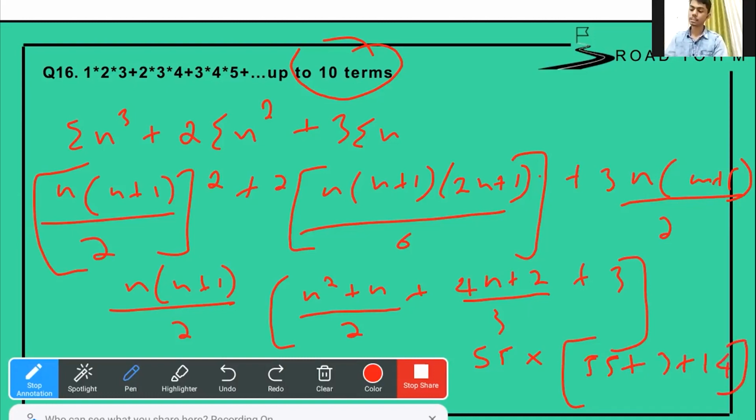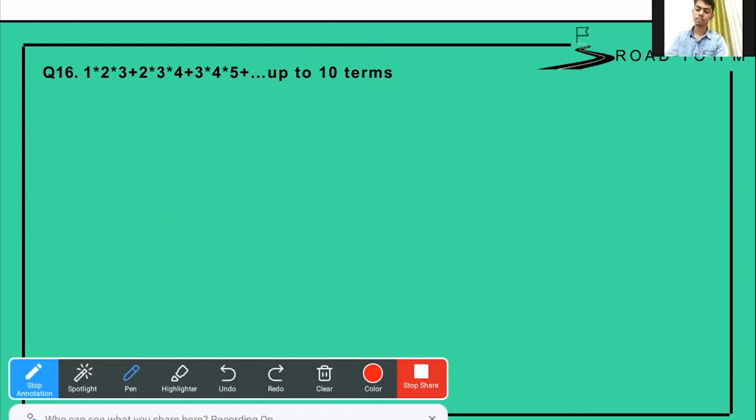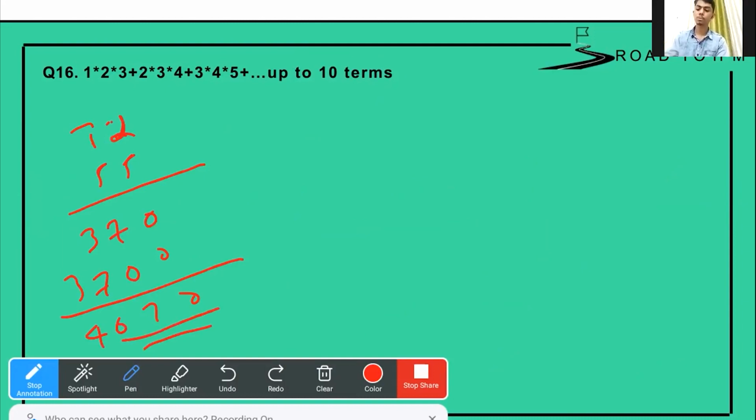So 17, 72 multiplied by 55, which is 4070. That is the answer. You've done it by yourself, just check this out.